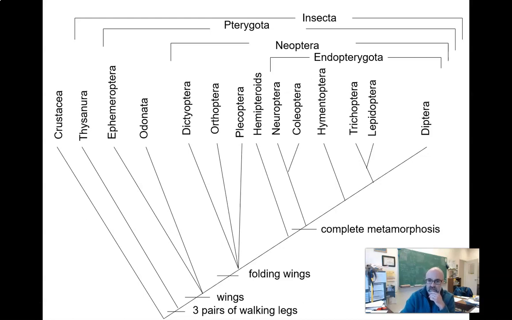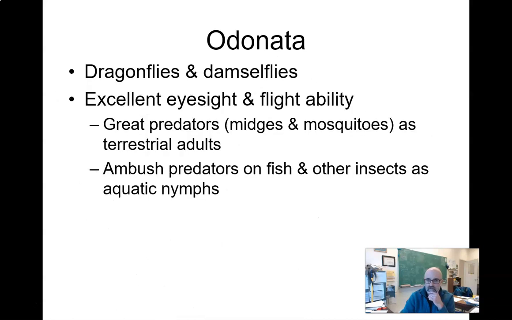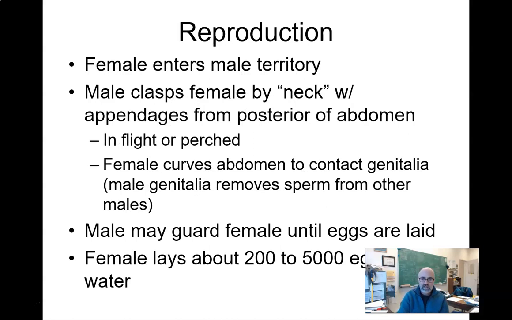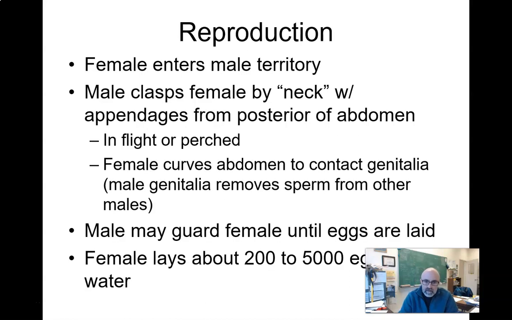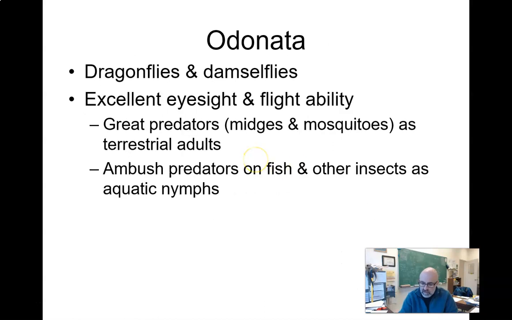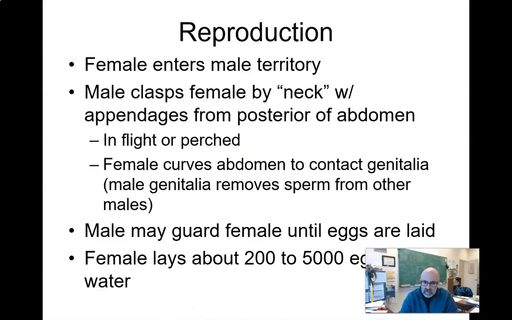And then we'll just look at some of the different orders of insects here. Odonates, dragonflies and damselflies. Just curious, there are pictures of dragonfly sex, and I always forget how this works.